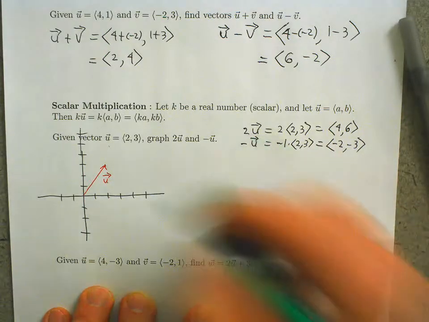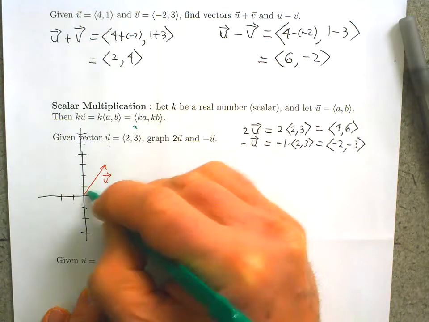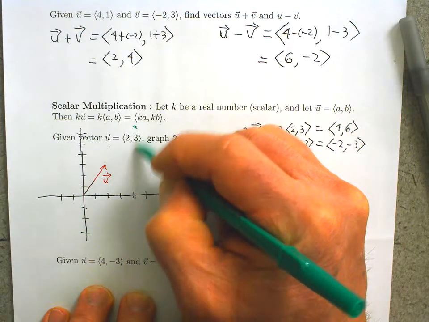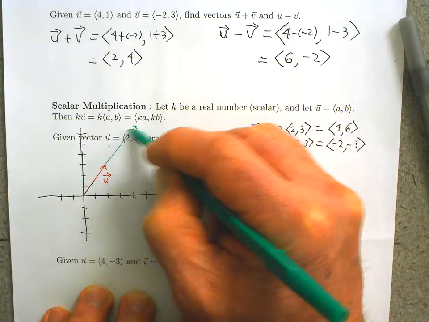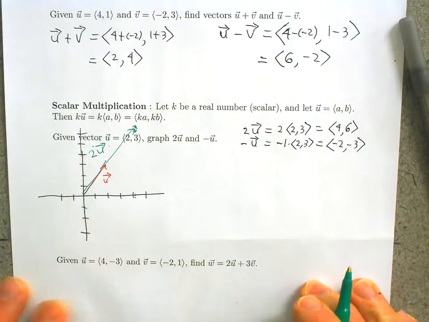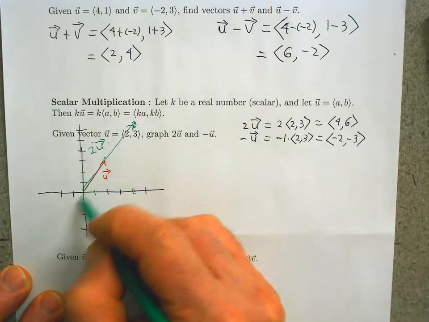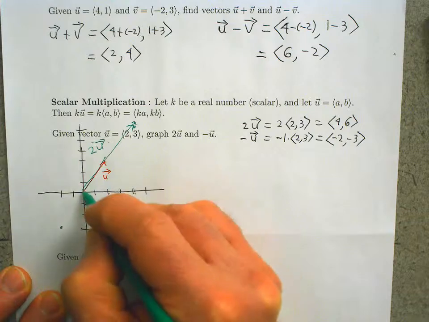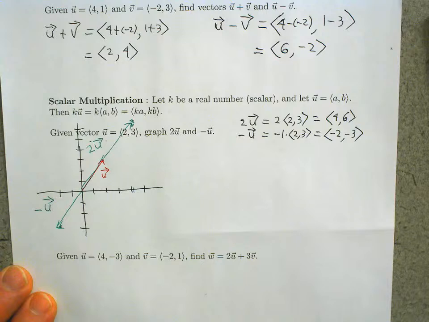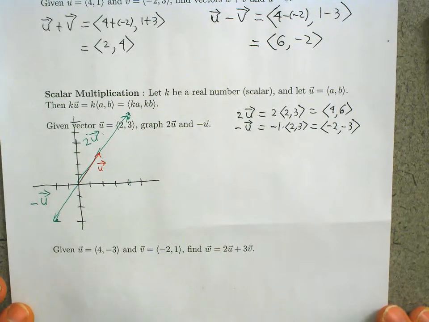And vector 2 times u, well, that's 2, 3, 4, 1, 2, 6. So it's about right there. It's supposed to be twice the length of u. And then negative u is -2, -3. So this is roughly negative u, negative of vector u. Okay, it's not too hard.